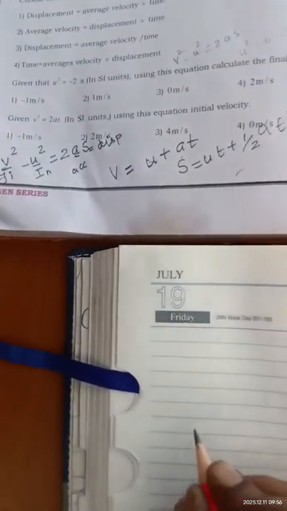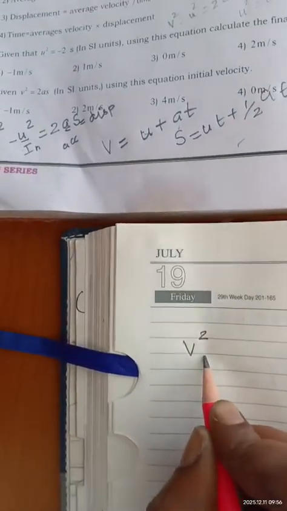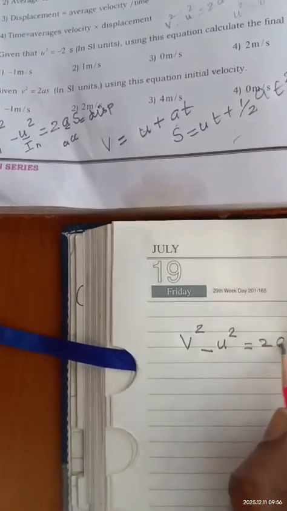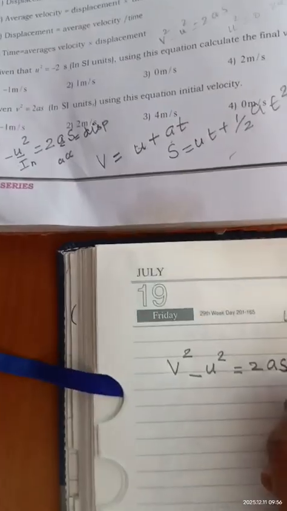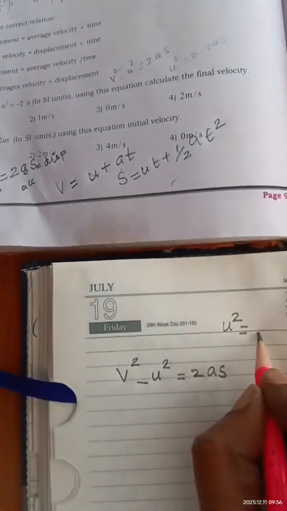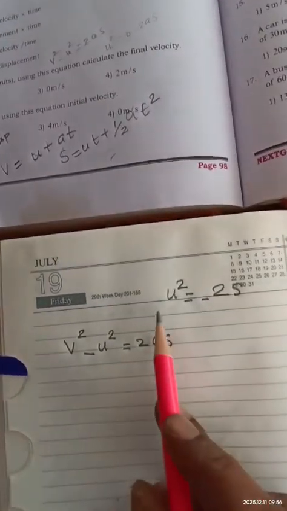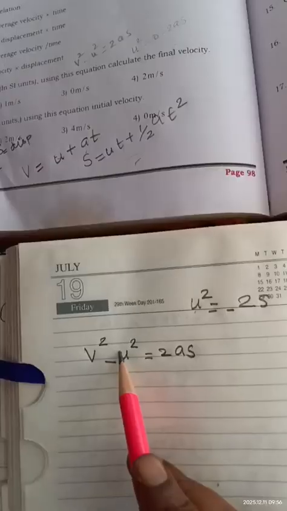So let me write it here. Third equation is V square minus U square is equal to 2as. What is the sum? U square is equal to minus 2s. Okay. Now, here they have given plus u square, but here we have minus.